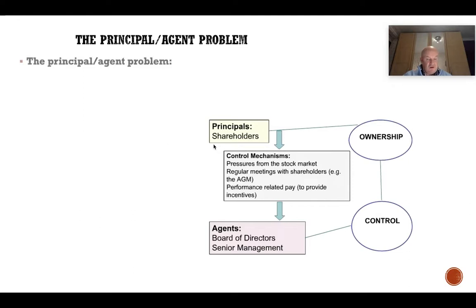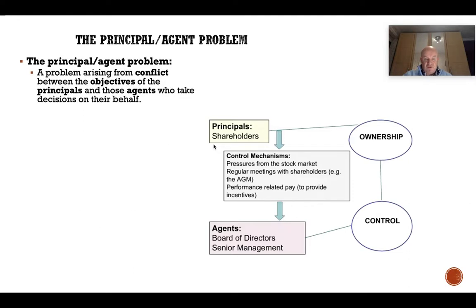Okay, so the same sort of principle occurs where we've got this conflict going on. And effectively, as soon as we have principals and agents involved who are making decisions on the owner's behalf, we're going to get this, and this is a term that you'll remember from some of the behavioural economics that we looked at earlier on in the course. There could be this situation where there's asymmetric information.